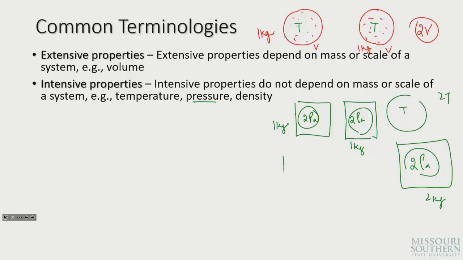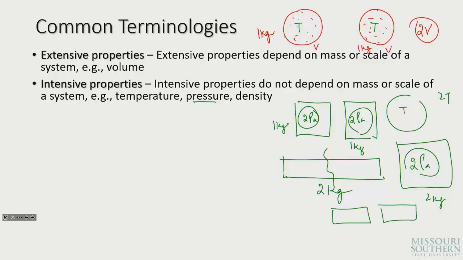Likewise, density. You have a piece of copper or gold. So this gold has, let's say, a mass of 2 kilograms. You cut this gold in half, so you have 1 kilogram of gold on the left and 1 kilogram on the right. You will still have the same density as the original gold. Okay, the density won't change by cutting the gold in half. So an intensive property is the intrinsic property of an object or a system.